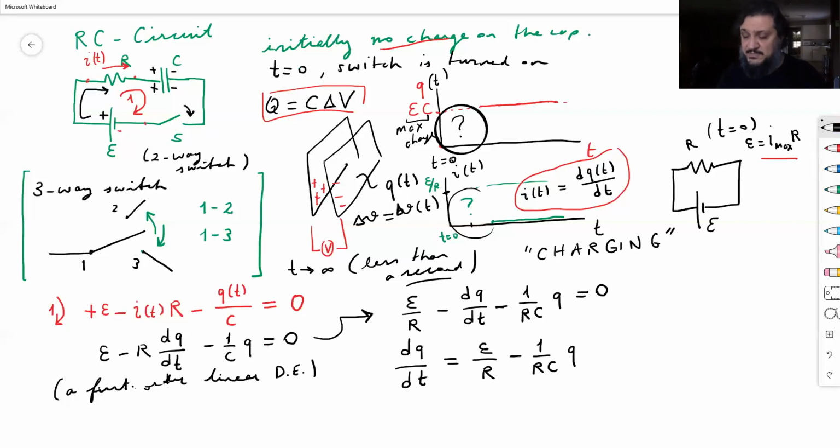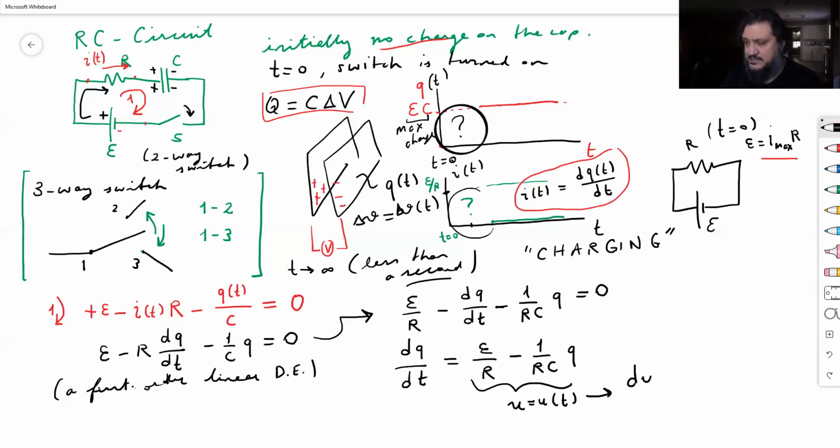So the usual strategy is just to multiply both sides by dt. But the problem here is I have a constant E over R. So why don't I substitute Q for something else? Let me call this thing U. Q is a function of time, U is also a function of time and is equal to E over R minus 1 over RC Q. If that is U, then what is dU?